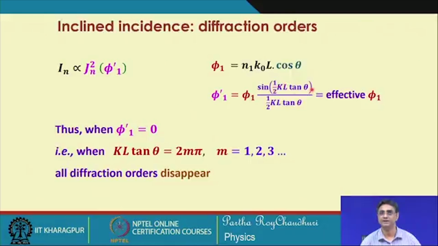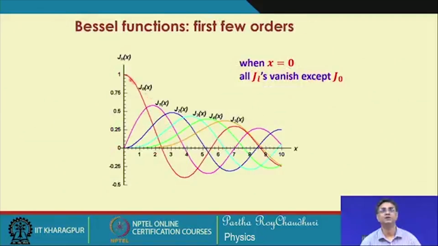If this numerator is 0, then it will make the entire quantity equal to 0, even when there is an angle of incidence, even when there is a delta n value, and even when everything is present, still because of this condition that tan theta is equal to 0, you will see that phi dash equal to 0, and if phi dash equal to 0, then the entire light is now contained in the 0th order.